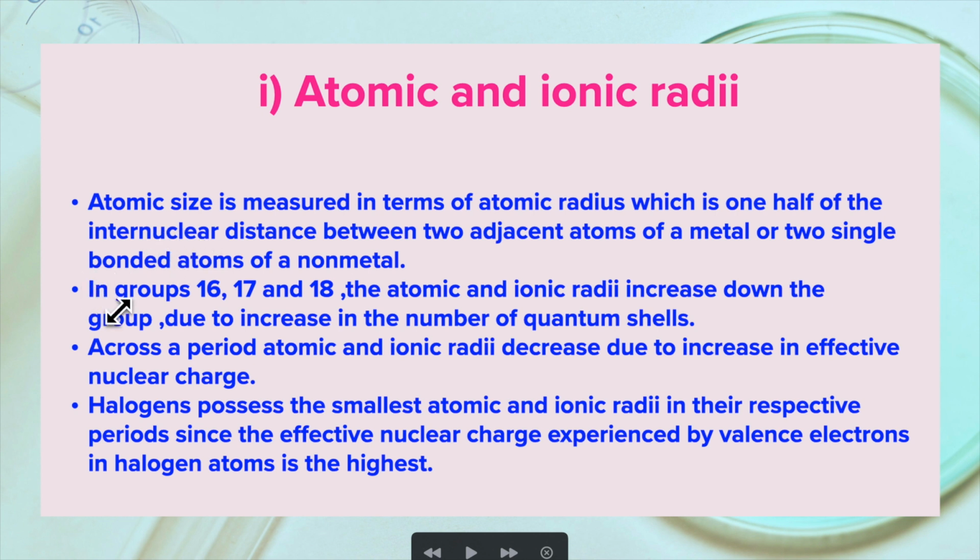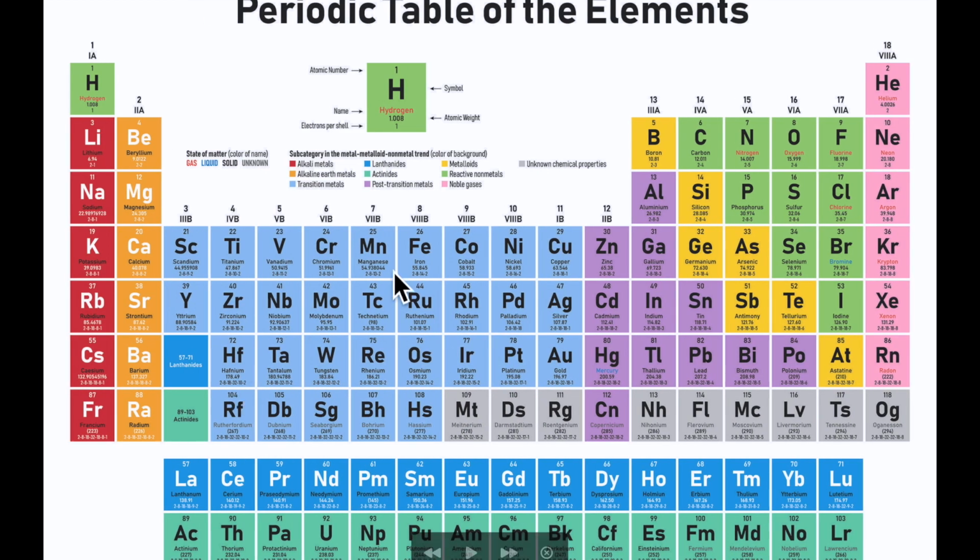In group 16, 17 and 18 elements, atomic and ionic radii increase down the group due to the increase in the number of quantum shells, and across a period atomic and ionic radii decrease due to the increase in effective nuclear charge.